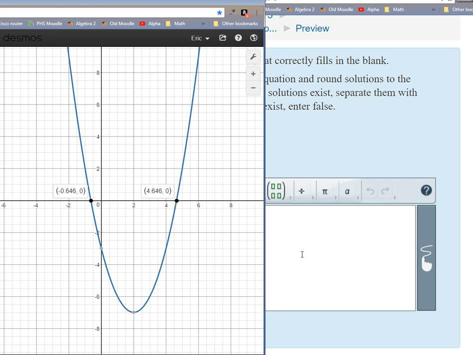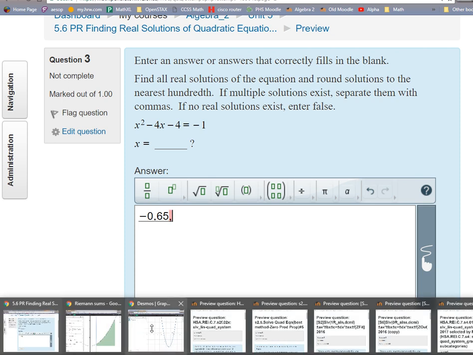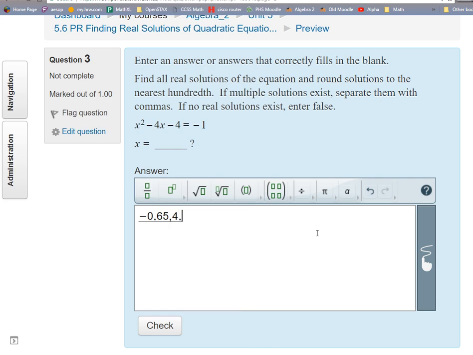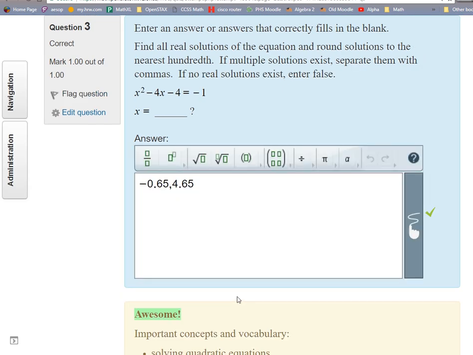So I would get negative 0.65, comma, and then 4.65. See how easy it is? Piece of cake, right? Nothing to it.